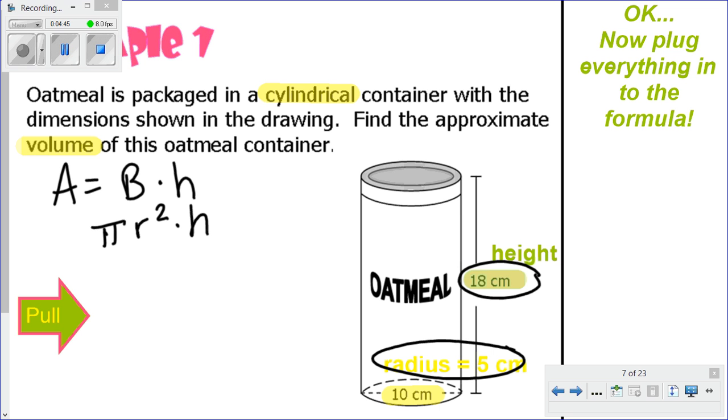And then we have our height. So if we're plugging everything in, we're going to keep pi. Radius is 5, and we square that, times the height, and the height here is 18, and remember we're measuring in centimeters. So our answer should have something to do with centimeters. And let's see what this looks like here.